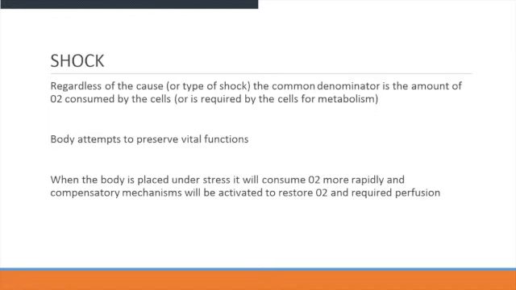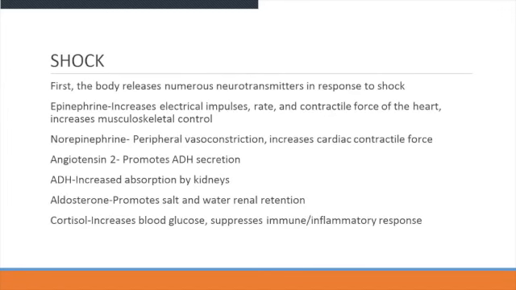When the body is placed under stress, it will consume O2 more rapidly, and compensatory mechanisms will be activated to restore O2 and required perfusion. First, the body releases numerous neurotransmitters in response to shock. Epinephrine increases the electrical impulse rate and contractile force of the heart.